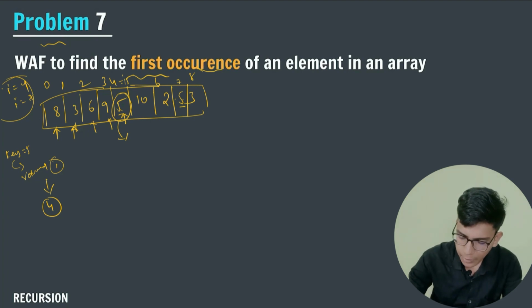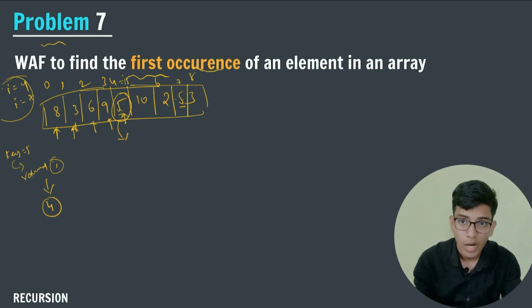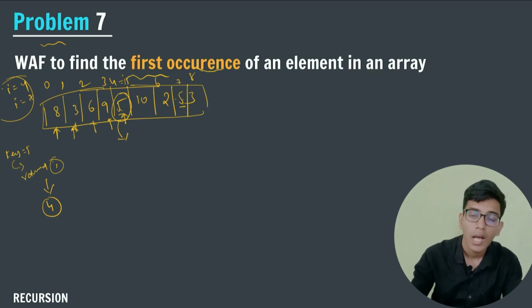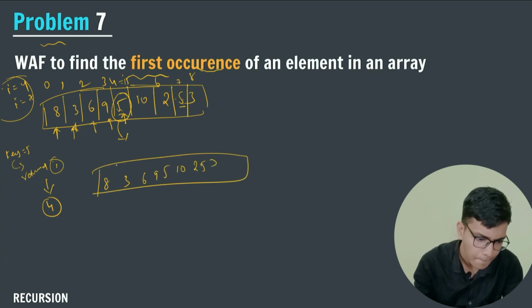If that particular element is equal to our key, then we will return its index. If not, then we'll call our recursive function on the rest of my array. Let me write here 5 6 9 8 7 10 2 5 3. This is my array, right?